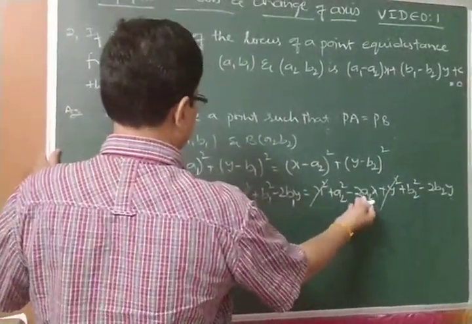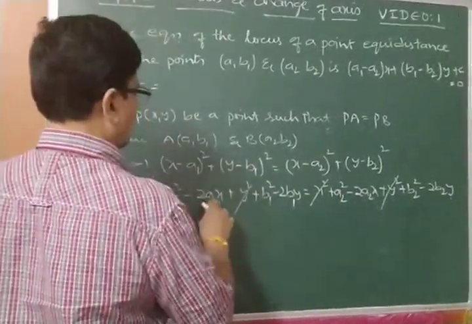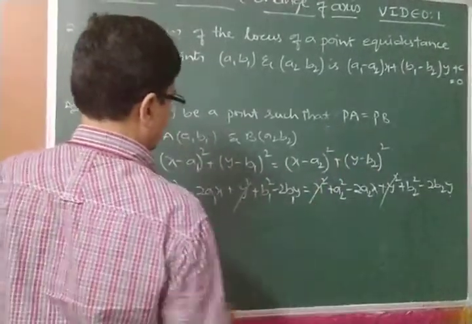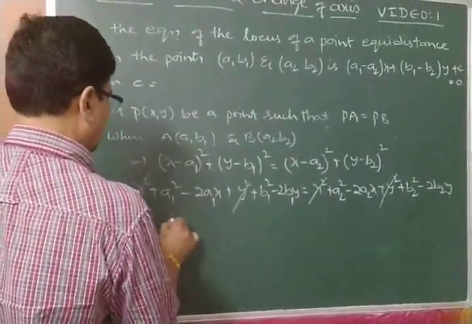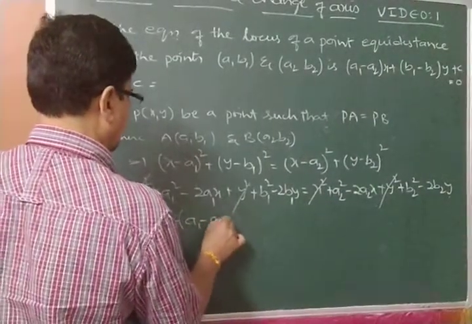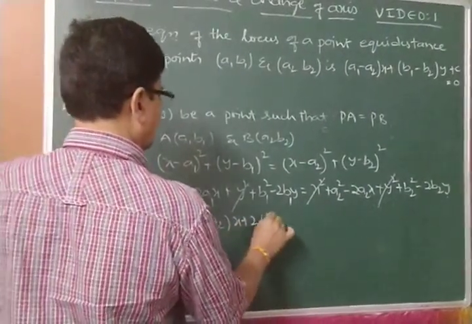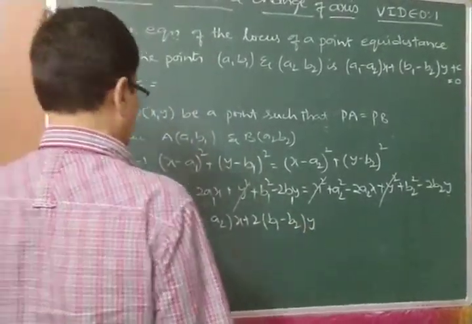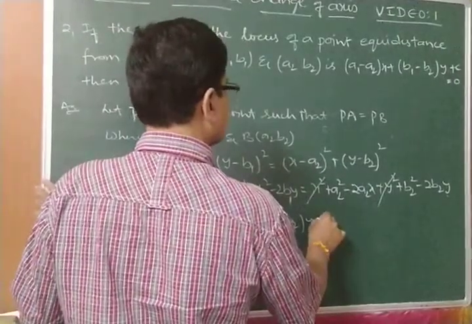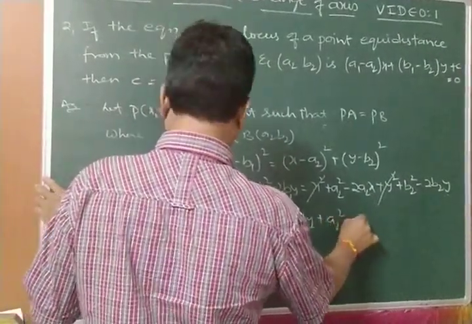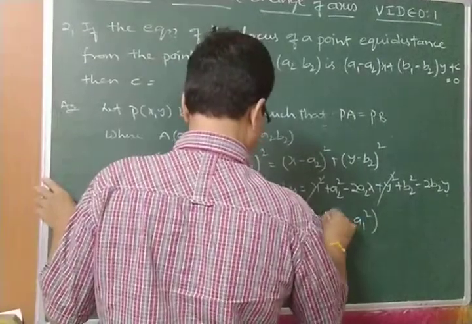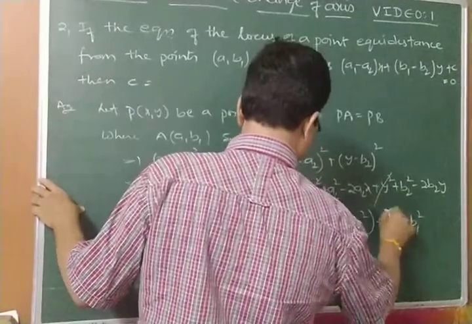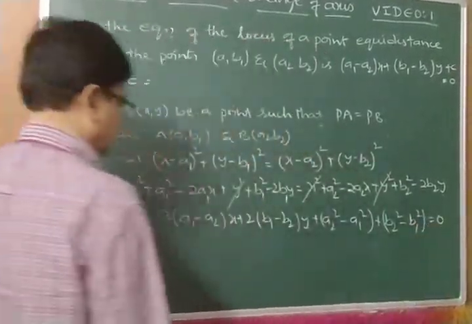Now we take minus 2 a1 x and all these values into the right side. So now 2 into (a1 minus a2) into x plus 2 into (b1 minus b2) into y plus a2 square minus a1 square plus b2 square minus b1 square is equal to 0.